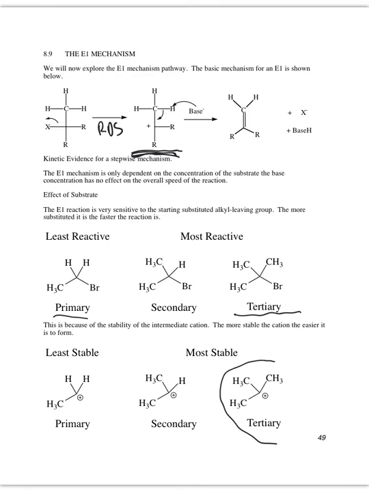We learned a long time ago in chapter 4 and the stability of alkanes that the tertiary cation is most stable, then the secondary, and the primary won't form very easily at all. So the tertiary cation is the most stable, therefore it's the easiest to form, which makes the tertiary leaving group the most reactive for this reaction.